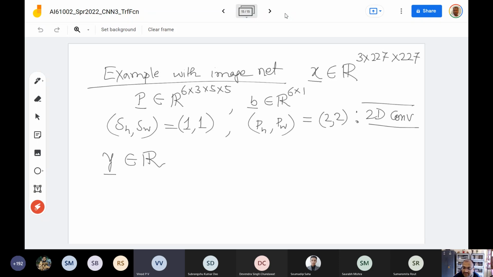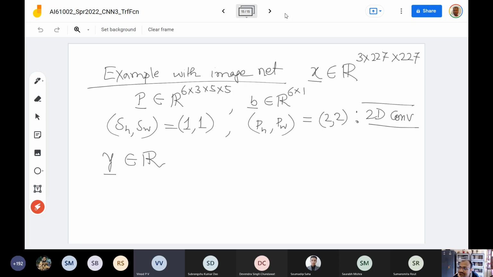What is going to be the size of Y as a result of this 2D convolution? Sir, we are using max pooling, no? I am not yet using max pooling. Why are you guys confused? I am just asking you a very simple thing. Just do a 2D convolution with this operation. Then tell me what is going to be Y.